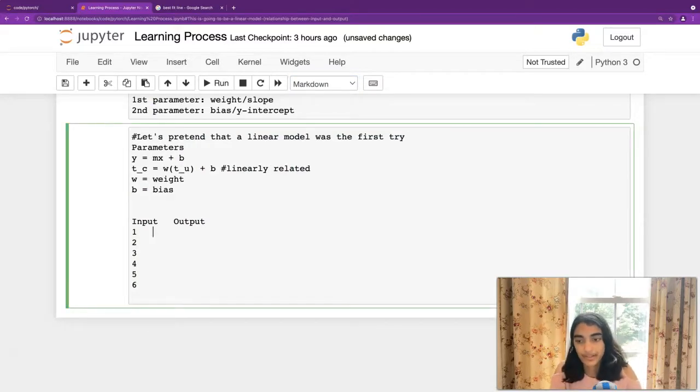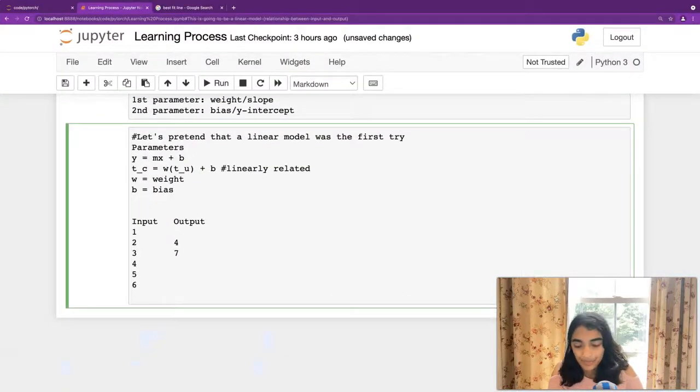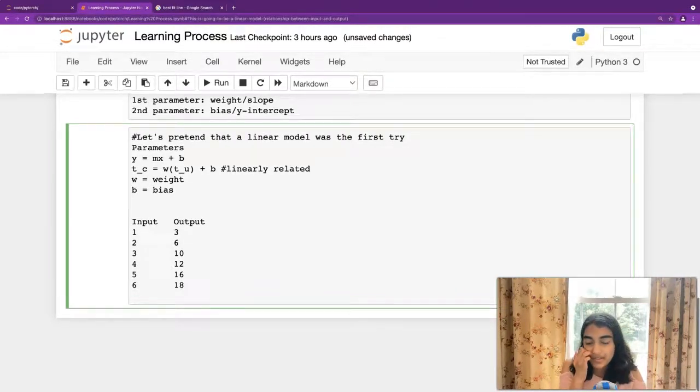The output is 2, 4, 7, maybe this is too close, okay, wait, maybe 3, 6, 10, 12, 16, and 18.